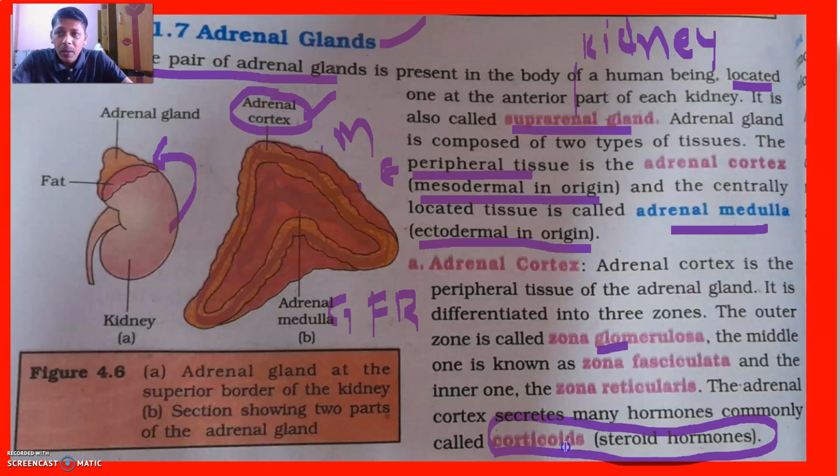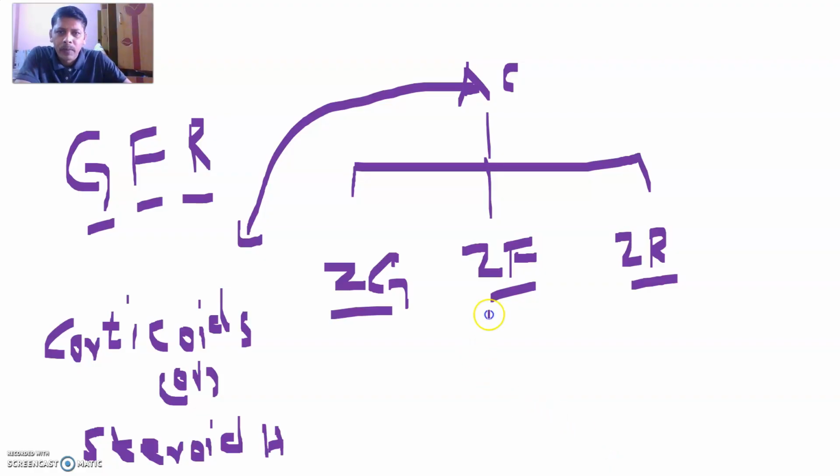The adrenal cortex secretes many hormones, commonly called corticoids or steroid hormones. Very important one.